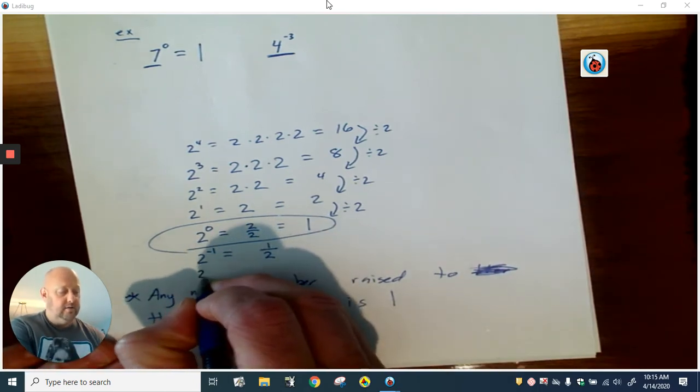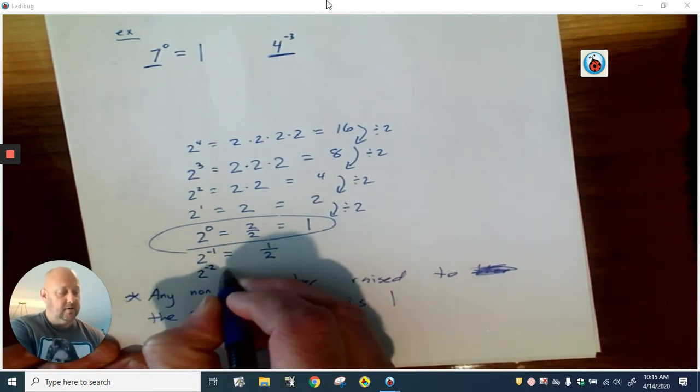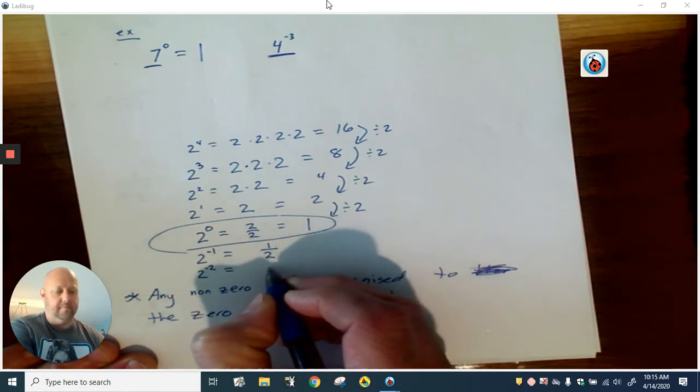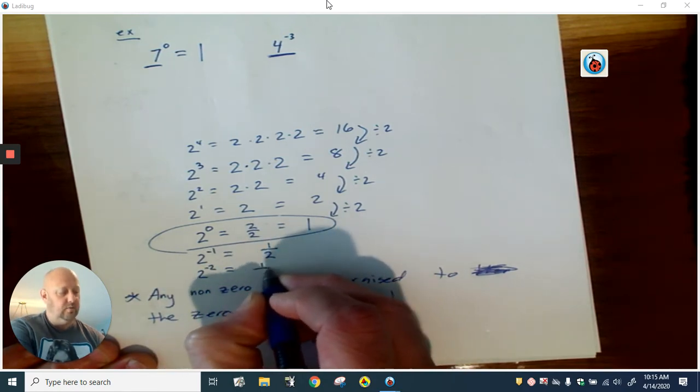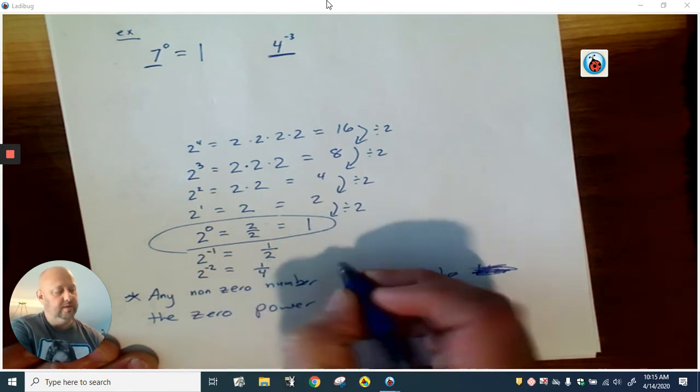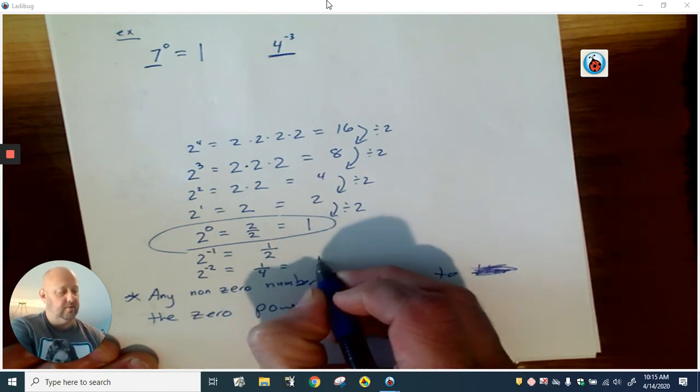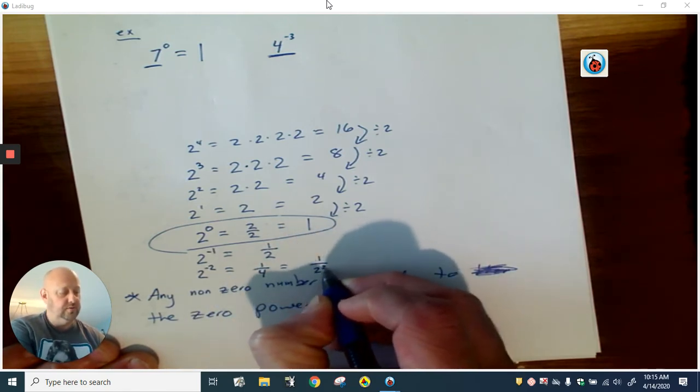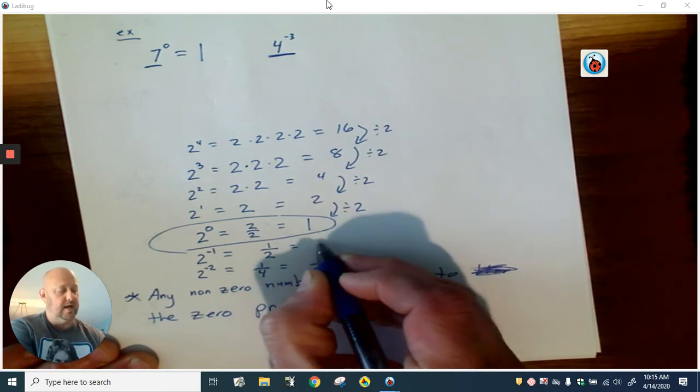If we keep that going, 2 to the negative second power, if we divide a half by 2, we get 1/4, which really came from 1 over 2 squared. This 1/2 came from 1 over 2 to the 1.